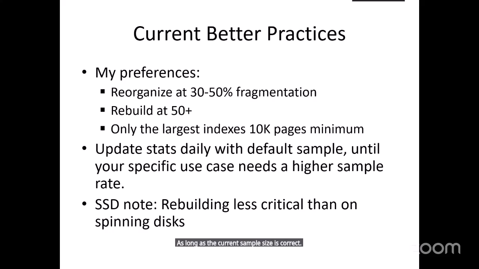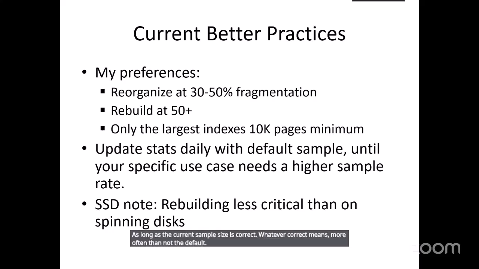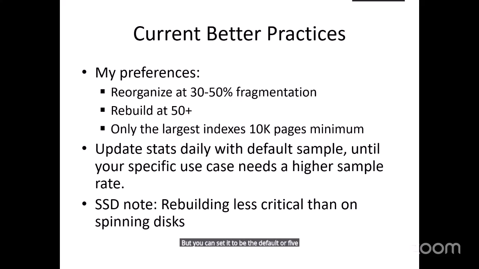Whatever correct means, more often than not the default. But you can set it to be the default or 5%, 50%, full scan, whatever. But control your stats updates, and how often they're being done. So again, keep the optimizer happy.